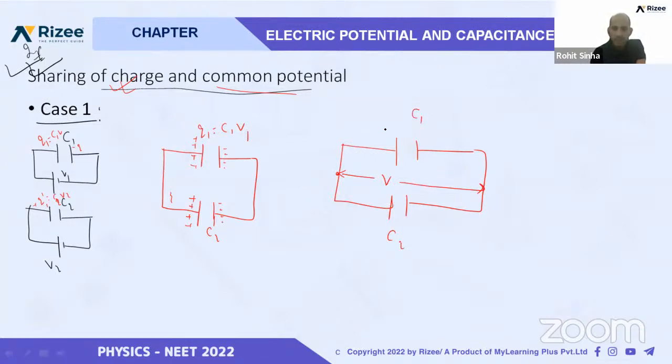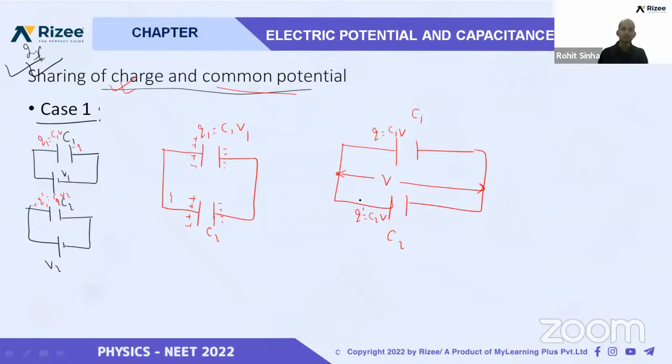They will have charges Q equal to C1V and Q dash equal to C2V.